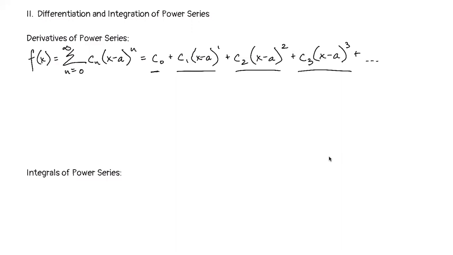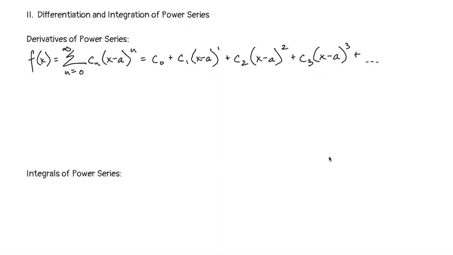So if you had 3 terms, oh, that's not so bad, right? Or you have 4 terms, that's fine. But if you had like 100 terms or 200 terms or even 1,000 terms, that would be a lot of things to take a derivative of, okay? So what we're going to do here is practice taking the derivative of each one, and then we're going to see if we can come up with sort of a generalized formula for that, all right?